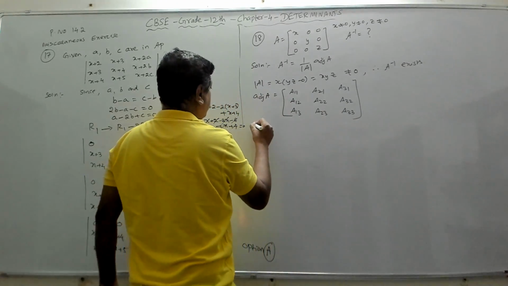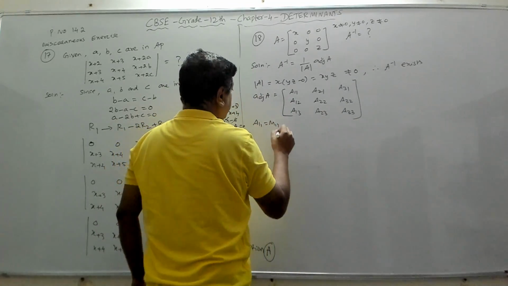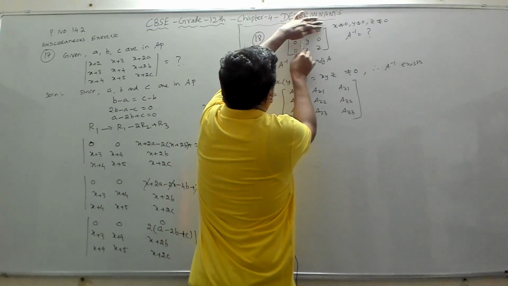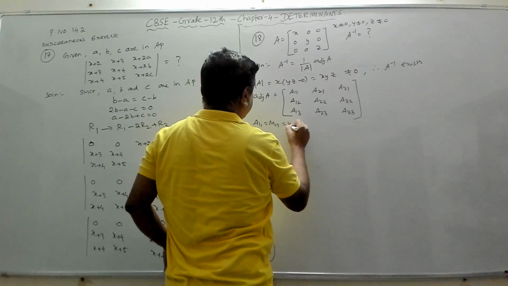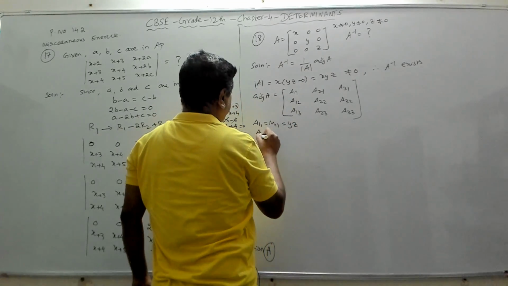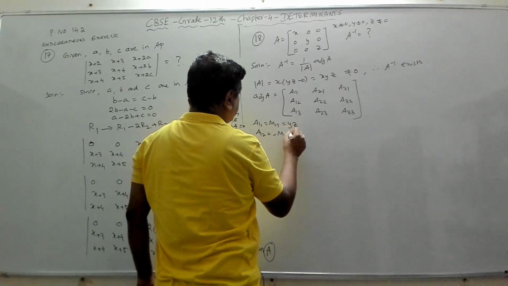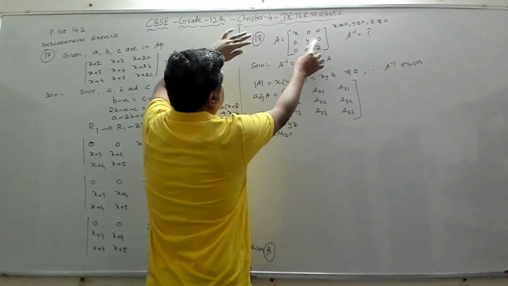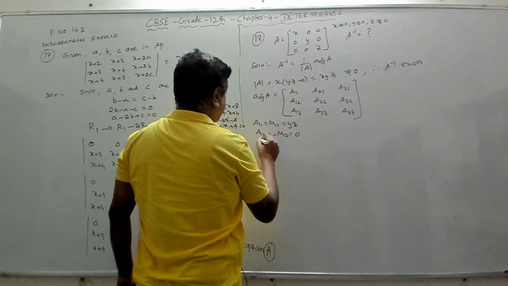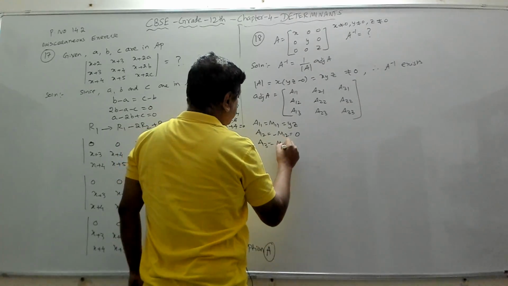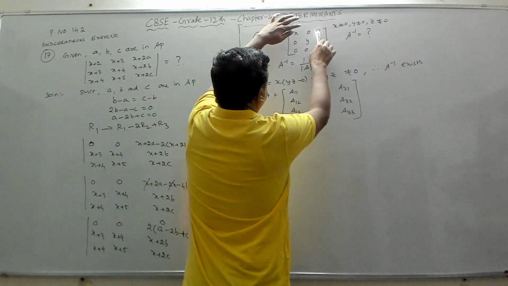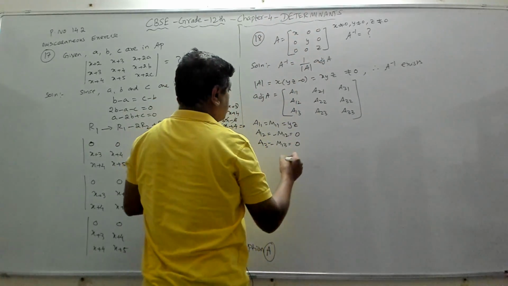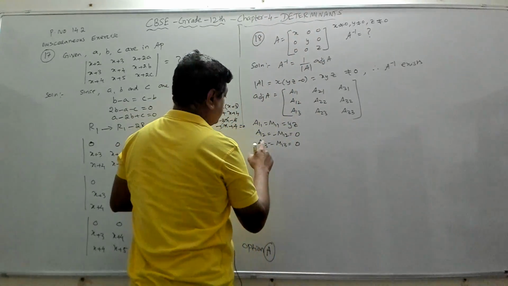A11 is M11: we close this row and this column, leaving y into z, so it becomes yz. Then A12 is minus M12; closing this row and column, 0 into z is 0, 0 minus 0, so we get 0. Then A13 is M13: 0 into 0 minus 0 into y is 0, so A13 is 0.